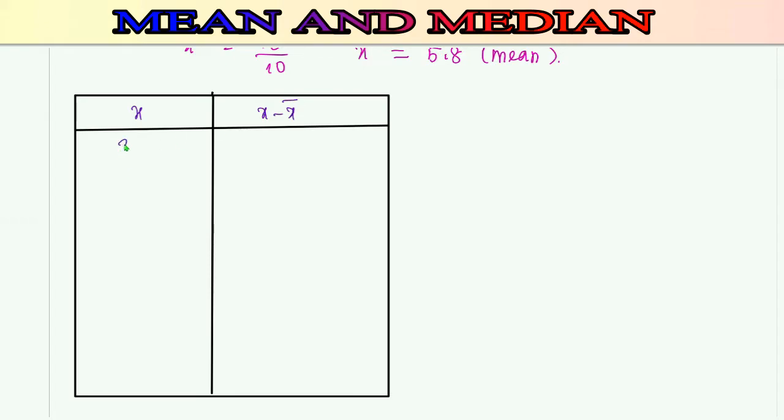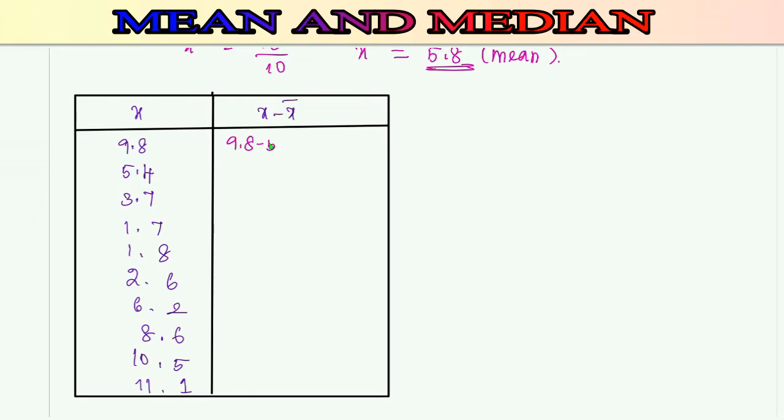Here the x values are 9.8, 5.4, 3.7, 1.7, 1.8, 2.6, 8.6, 10.5, 11.1, and here x bar is 5.8. So 9.8 minus 5.8 is equal to 4.